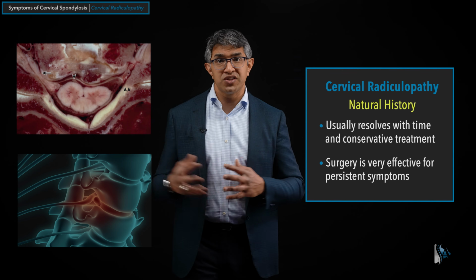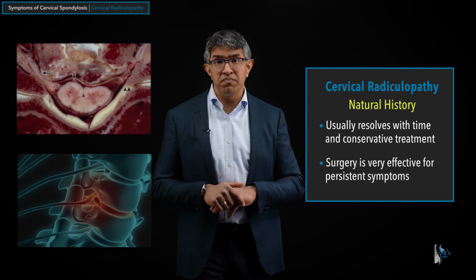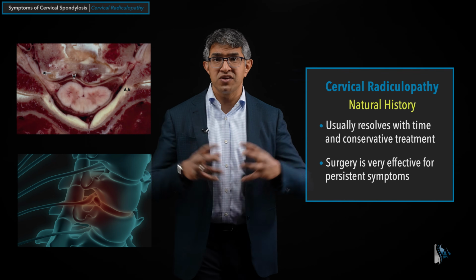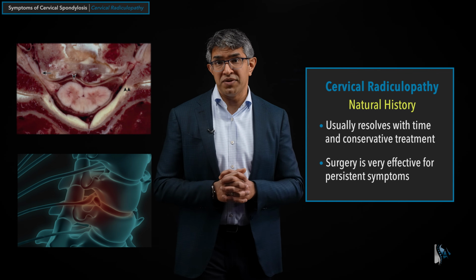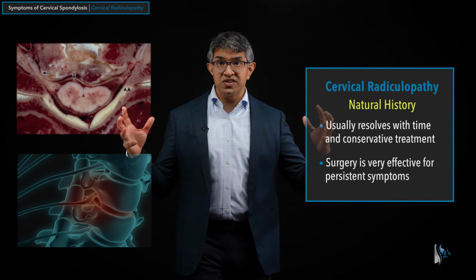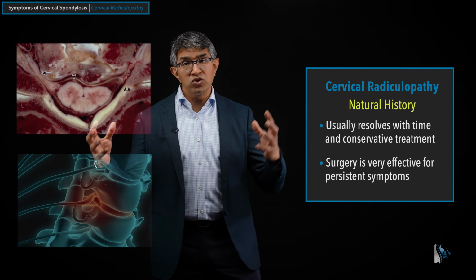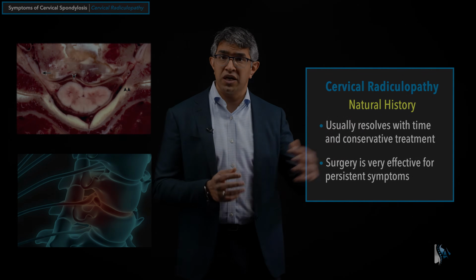But as a rule, radiculopathy does tend to get better with time and with conservative treatment, and so we generally encourage people to exercise some patience and try non-surgical options before jumping into something surgical. So now we've had a chance to discuss the signs, symptoms, and distribution of cervical radiculopathy, and we'll change gears next and talk about the last of the three patterns, neck pain.